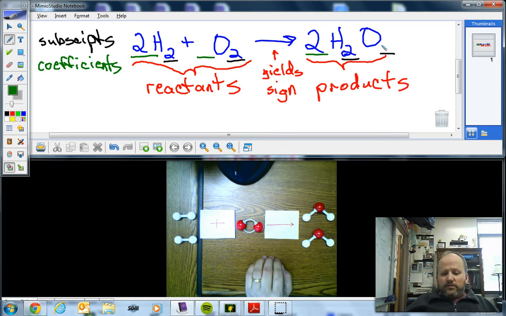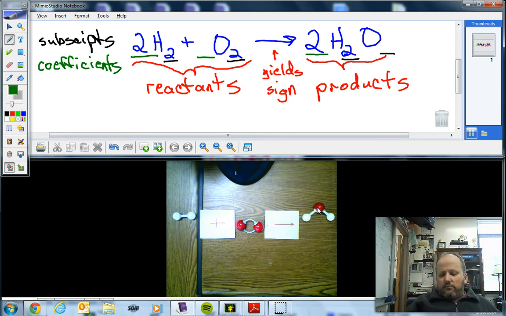Because of the law of conservation of mass, if we did not have coefficients out there, and all of these numbers were simply 1, 1, and 1, you should notice that an oxygen looks like it disappears. On this side we have 2 hydrogens, 2 oxygens, but on this side we have 2 hydrogens but only 1 oxygen. That makes it look like an oxygen just flat out disappeared, was destroyed.